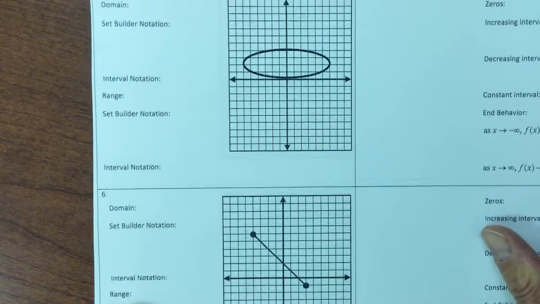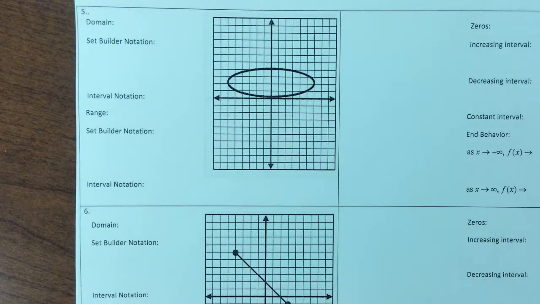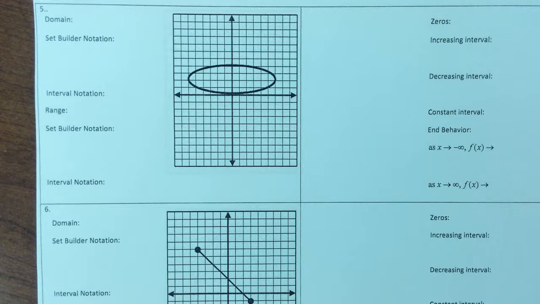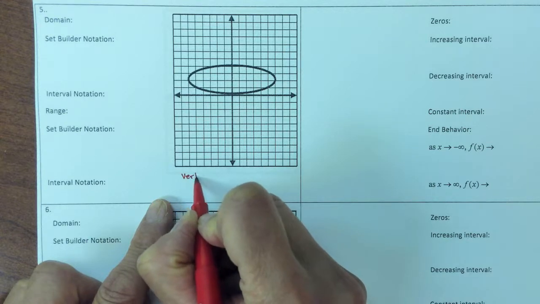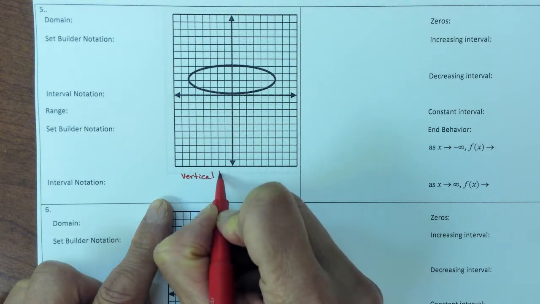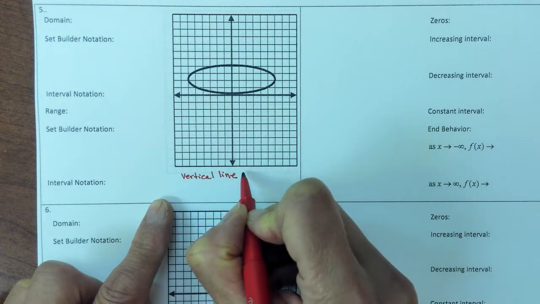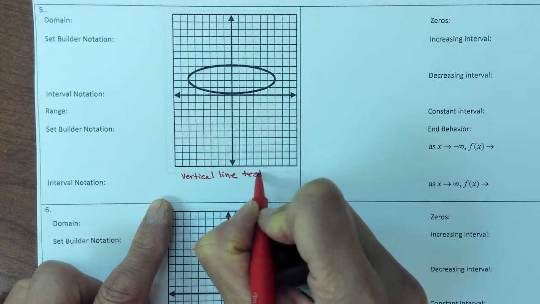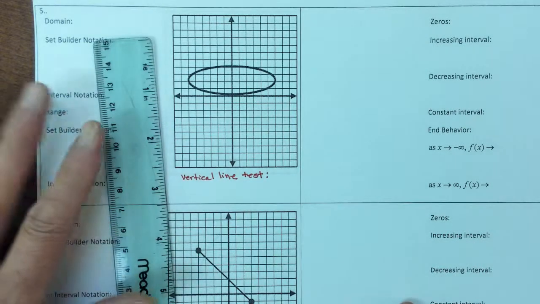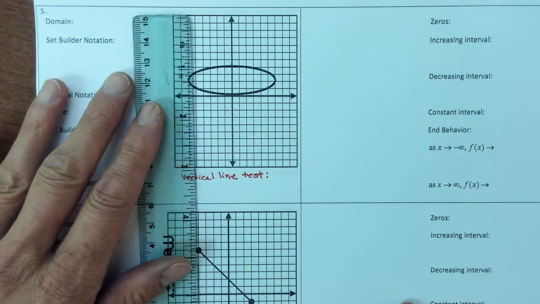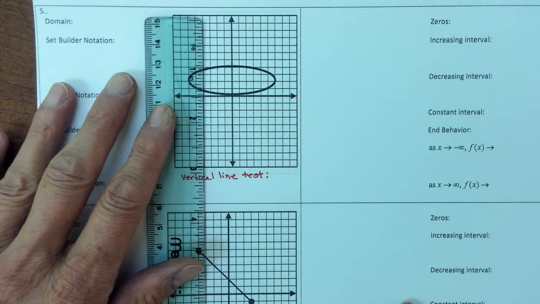So clearly, let's ask ourselves, first of all, let's make this simple. Is this a function? So if we do the vertical line test, that means that if I were to draw vertical lines, it can only touch the ruler in one place.